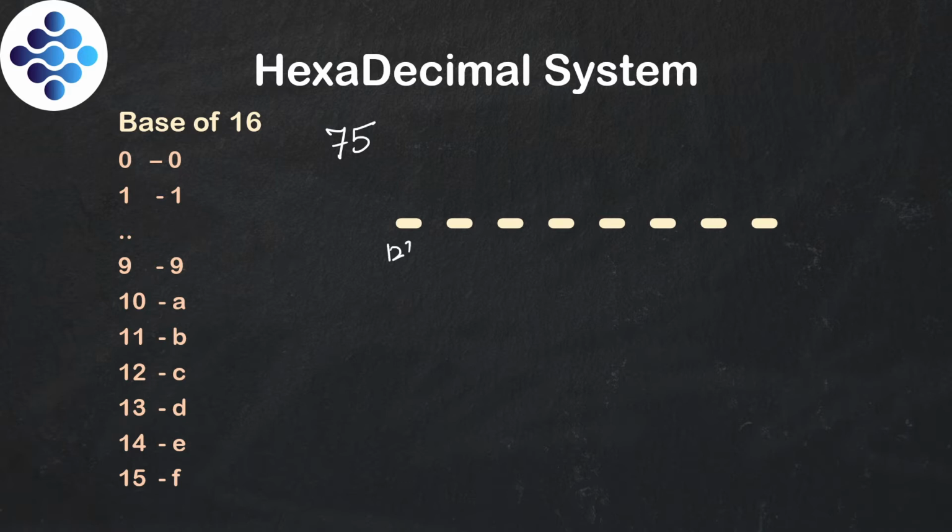Let's calculate what would be the hexadecimal value of 75. So this is 128, this is 64, that's 32, 16, 8, 4, 2 and 1. So we won't take 128, we shall take 64, will not take 32, will not take 16. 8 is good, 64 plus 8 is 72.